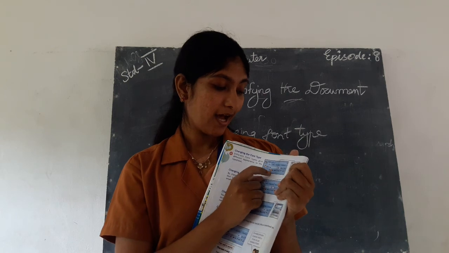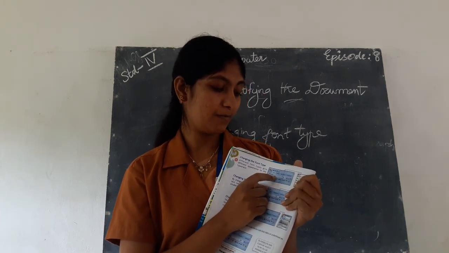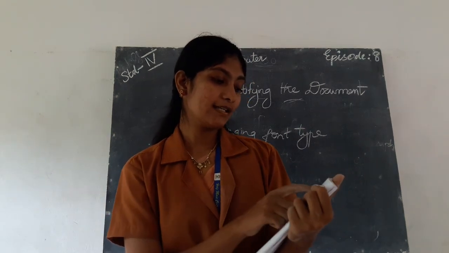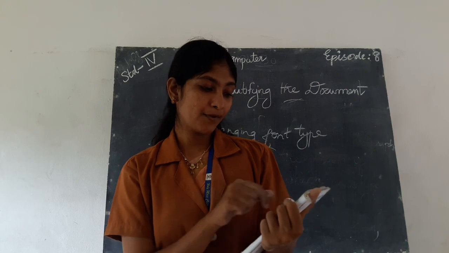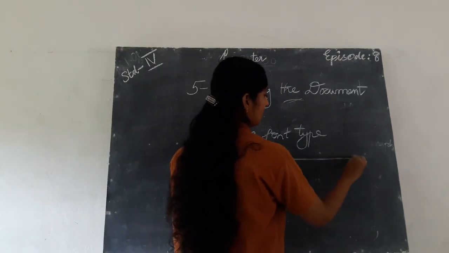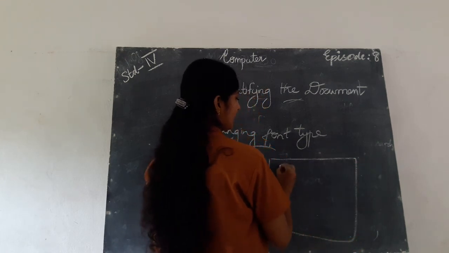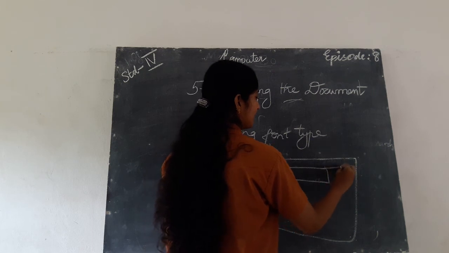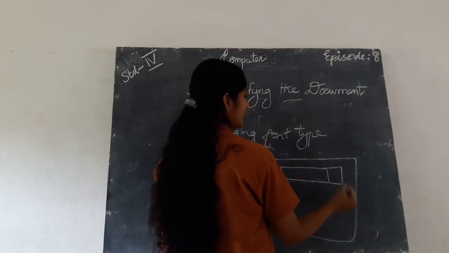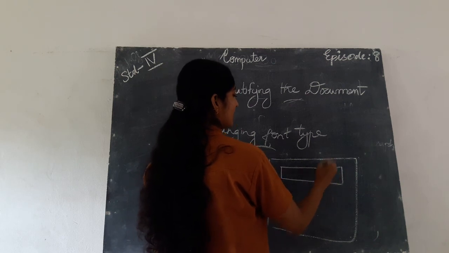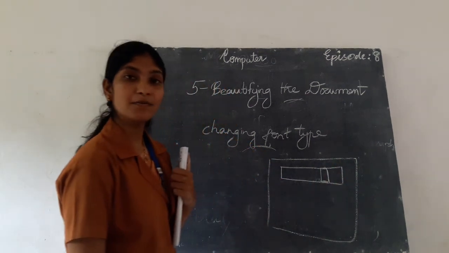Let's see how to change it. First go to the Home tab and there is a font type field. Near it is the size field, and here we can select a suitable font type.